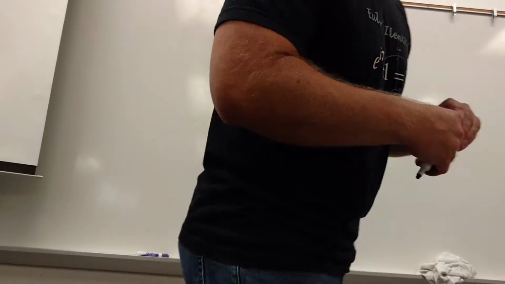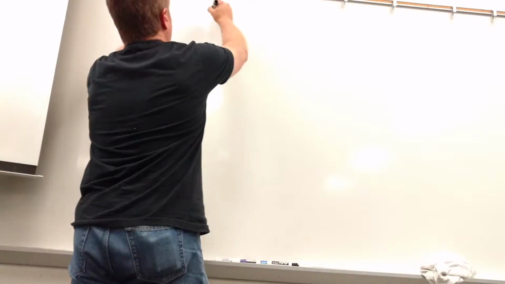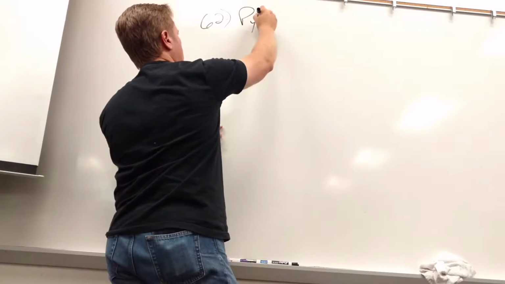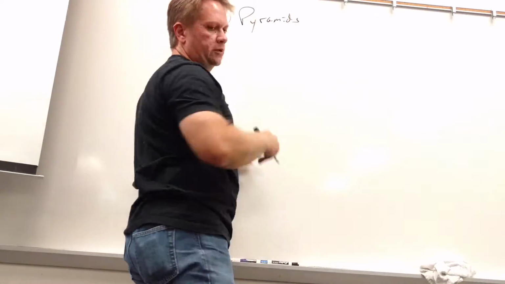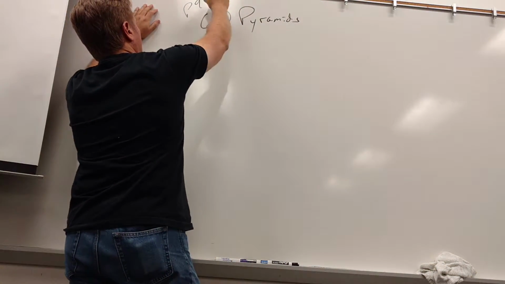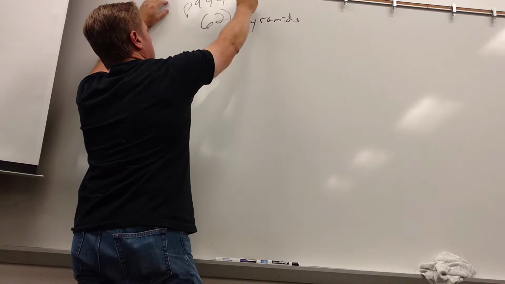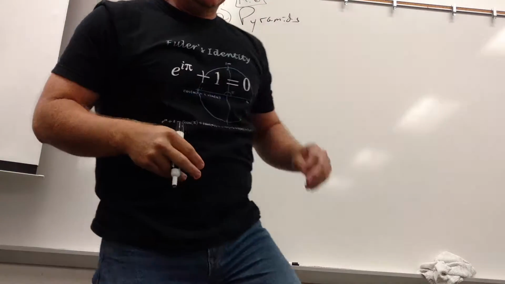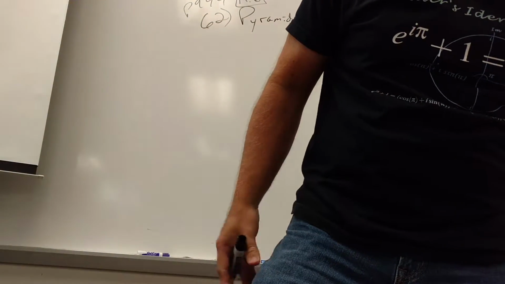So let's take a look at 62. There's a few things to get through. This is section 14.6, page 999. Pyramids in the first octant.